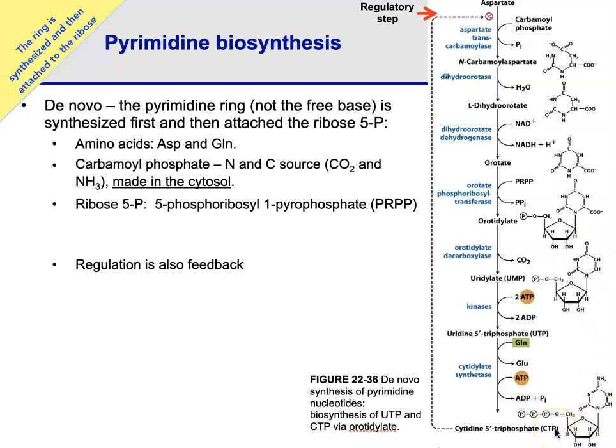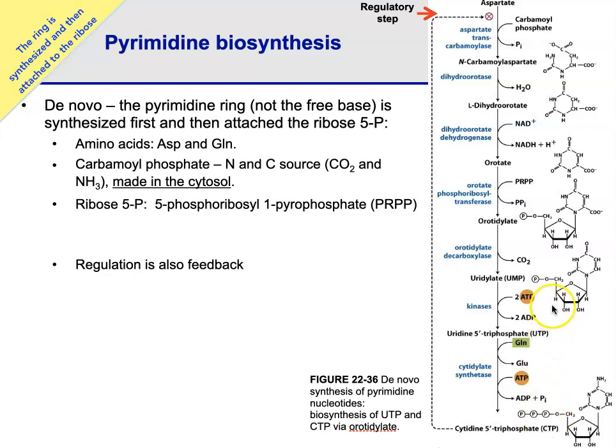So how many pyrimidine bases are there? There's 3. And what type of nucleotide biosynthesis have we described so far? The ribonucleotides. So these nucleotides can only be used for ribonucleic acid, or RNA, synthesis.